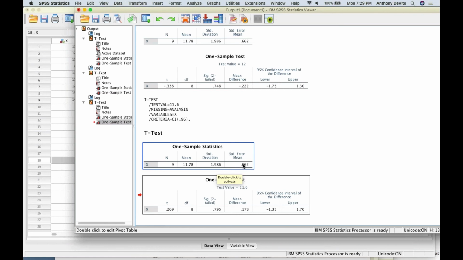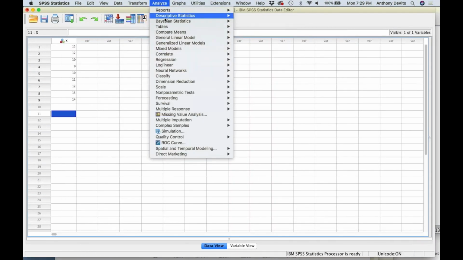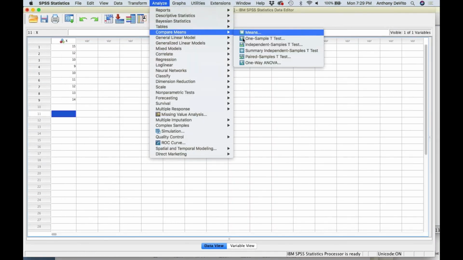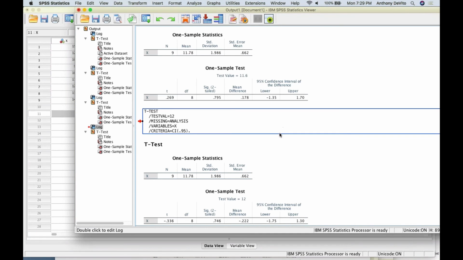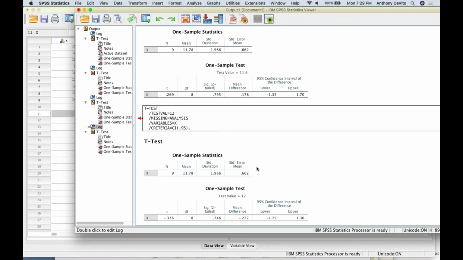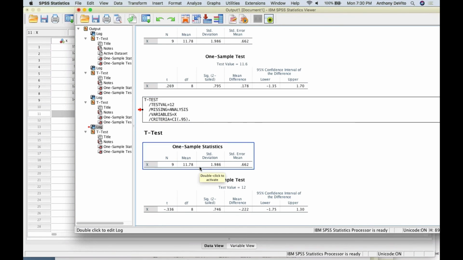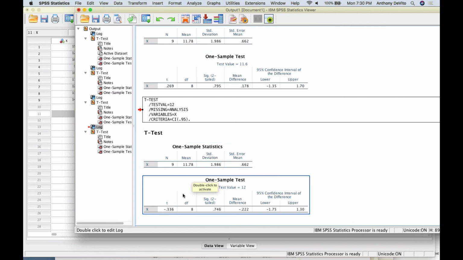So what am I comparing it to? I don't know why I'm having such a hard time with this. It keeps doing the same thing. It's not changing to a 12 on my screen. 11.78 compared to the 12. Oh, that's a small difference.